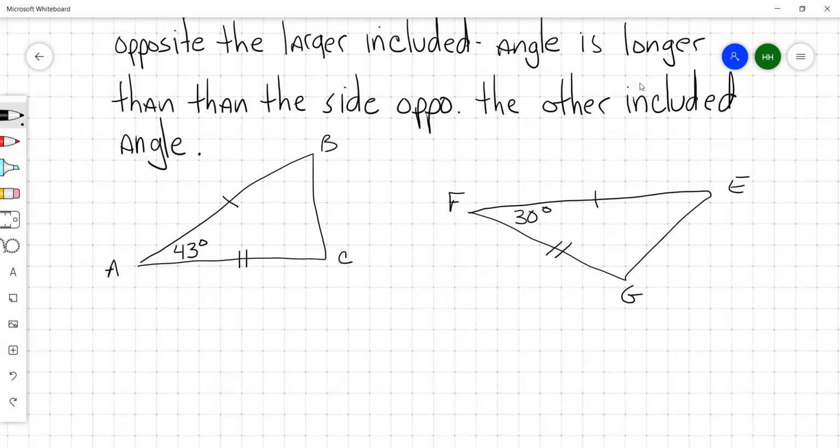So what you've got here is two sides of a triangle congruent to two sides of another triangle. Angle A is the included angle on the left, and angle F is the included angle on the right. What the rule says is that side BC is going to be greater than, or longer than, side FG.